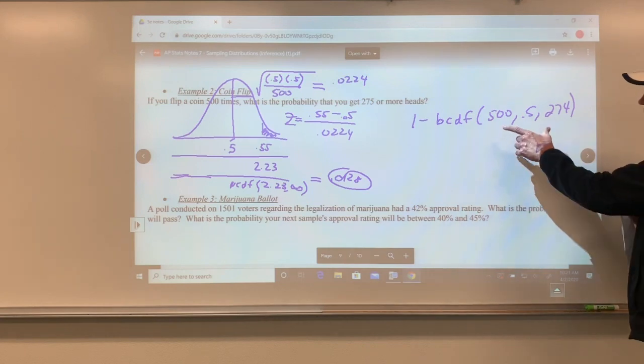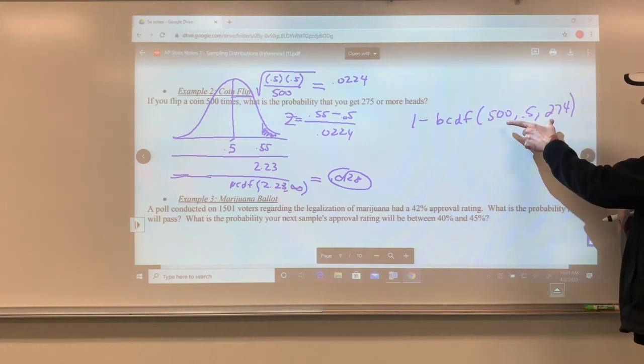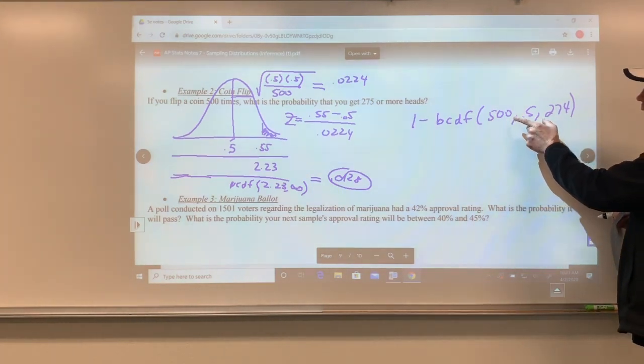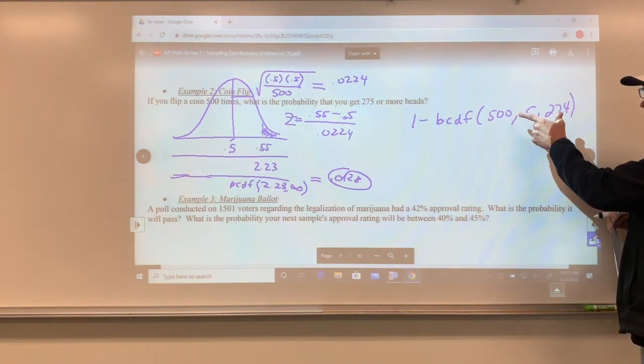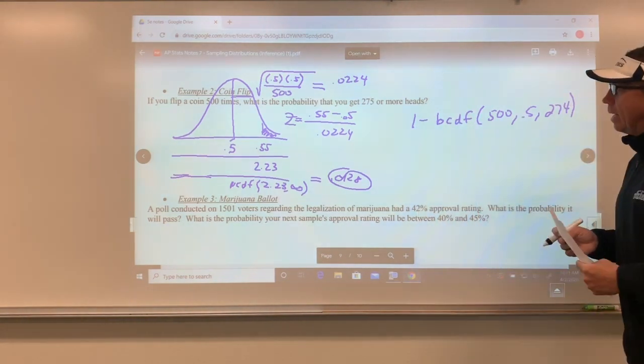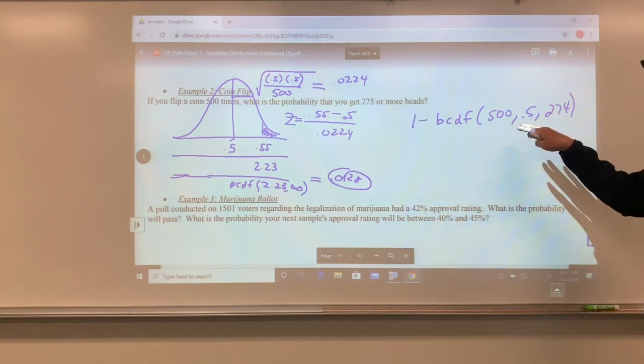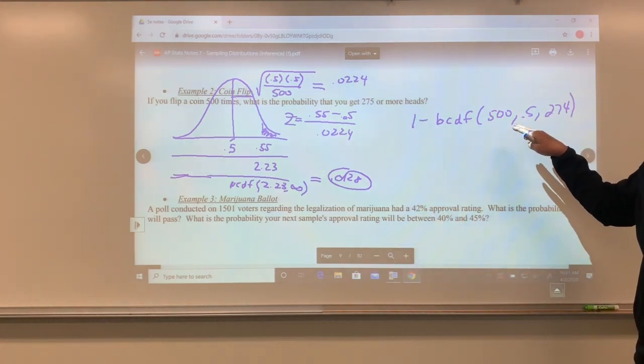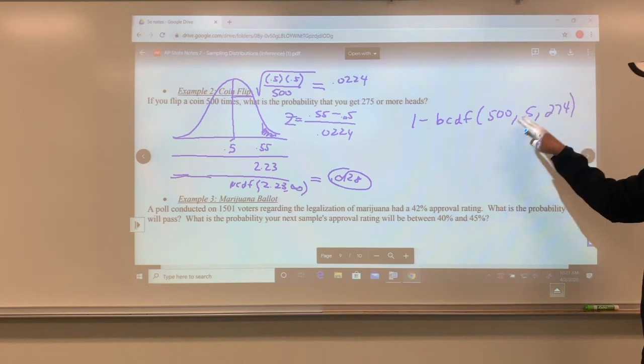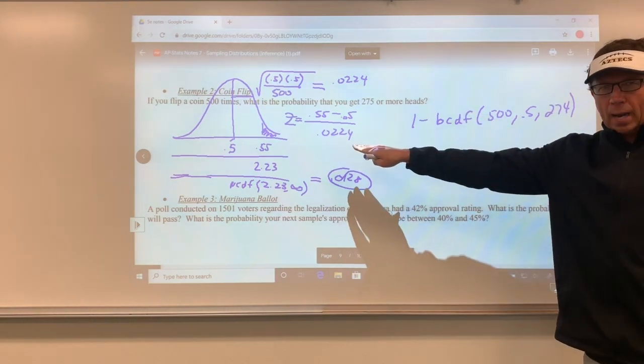This is going to gather together 274 or less heads. And when I go 1 minus that, I'm going to be left with 275 or more. Again, not a test item, just a review or preview connecting binomials to the normal approximation.